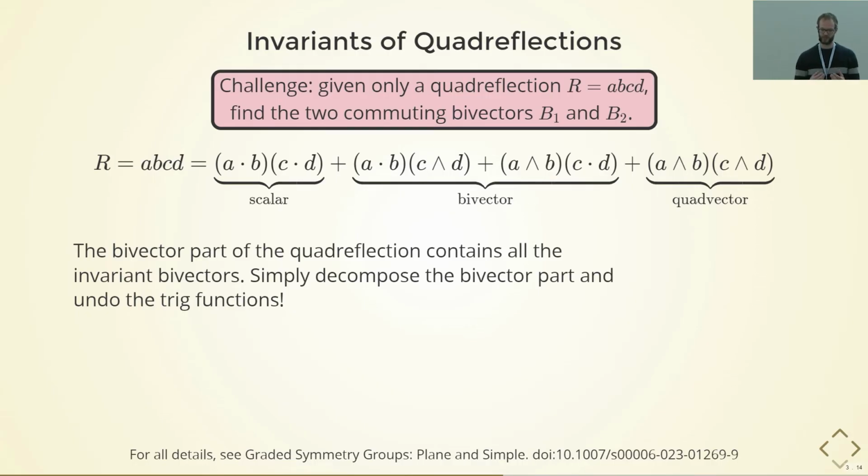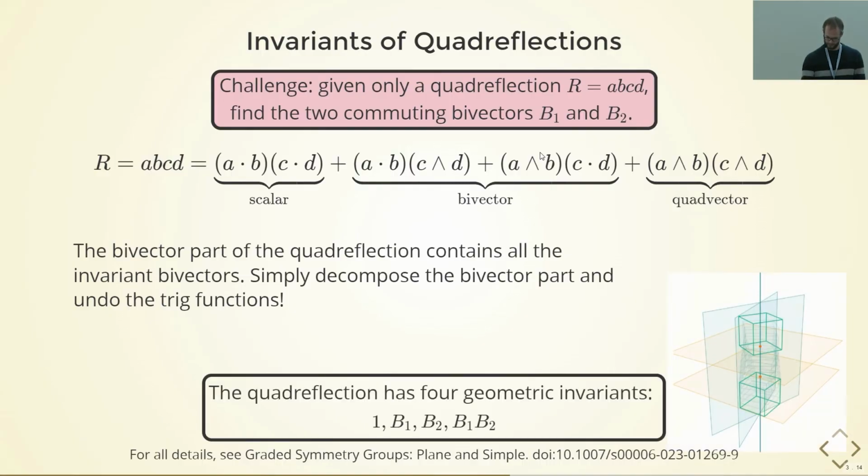And so essentially to find b1 and b2, you just take the bivector part of this and you just split it. It's a bivector, so we know how to split it now. And we know that it has to be proportional to this b1 and b2 quantity with some trig functions as coefficients. So essentially, it just boils down to decomposing this part and undoing the trig functions or just normalizing it.